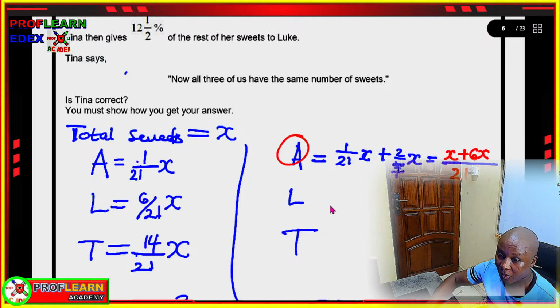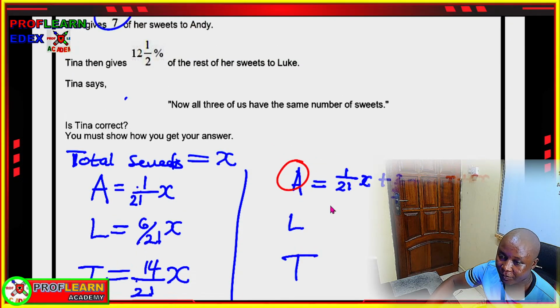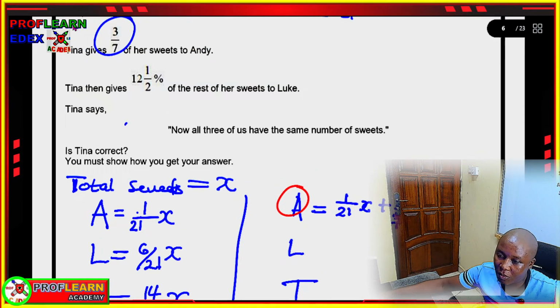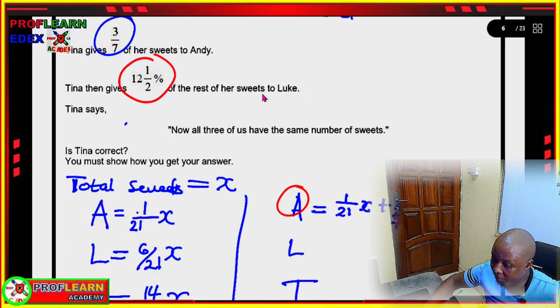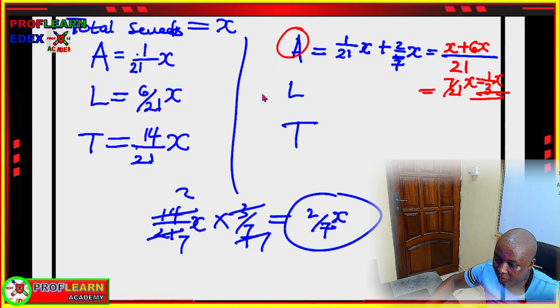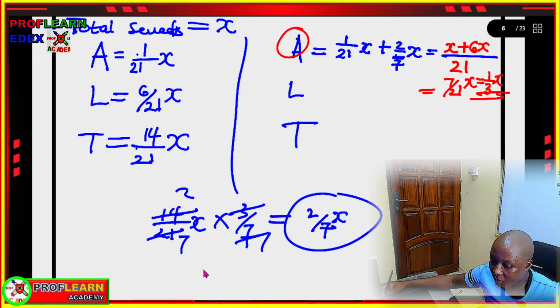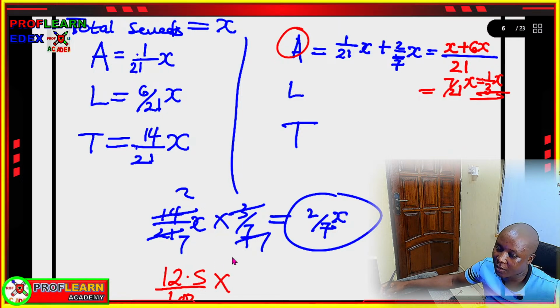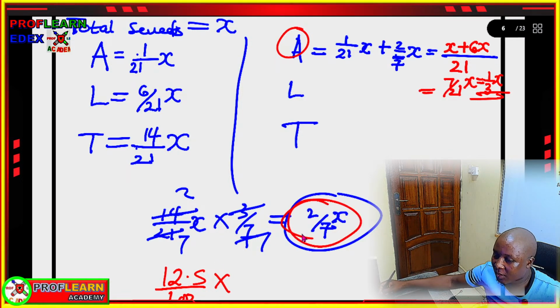And then we are also told that Tina gives 12.5% of the rest of her sweets to Luke. So 12.5 over 100 times, after giving this, what did Tina remain with?